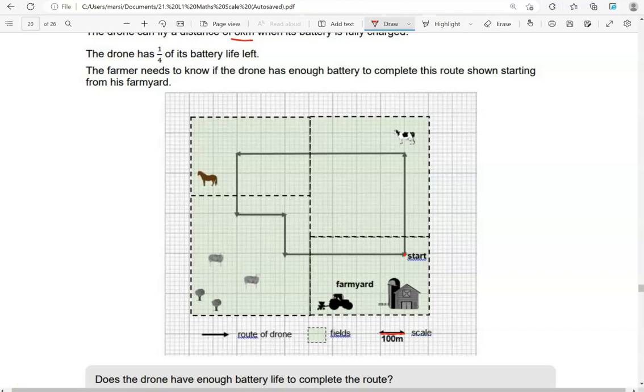So this will be 100, 200, 300, 400, 500 meters so far. 600, 700, 800, 900, 1000, 1100, 1200, 1300, 1400, 1500, 1600, 1700, 1800, 1900, 2000, 2100, 2200, 2300, 2400.